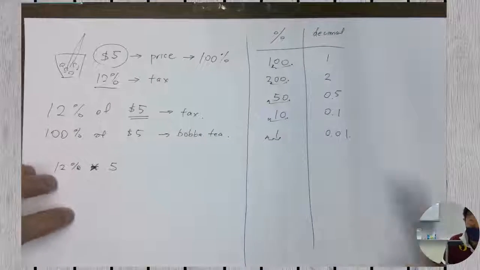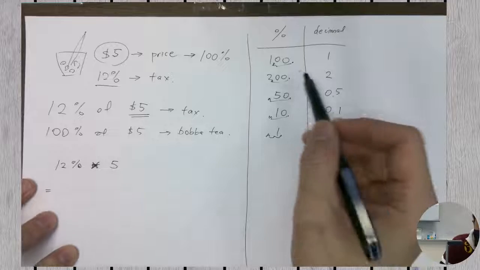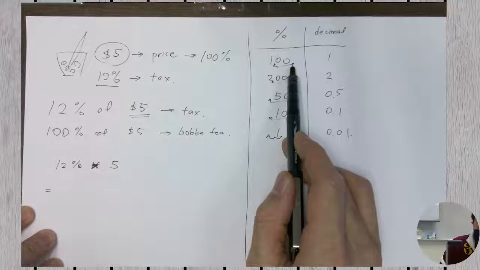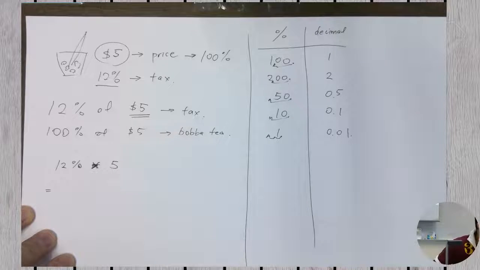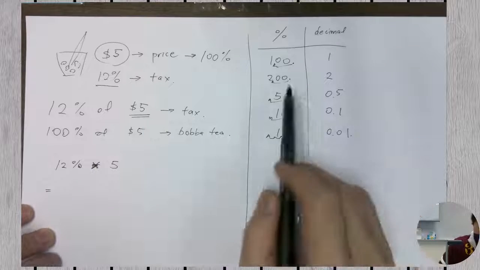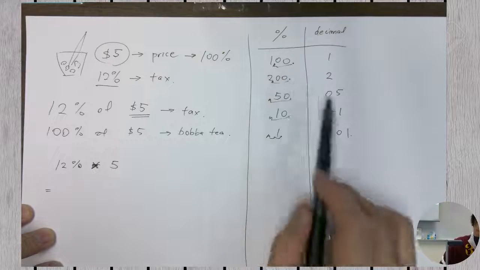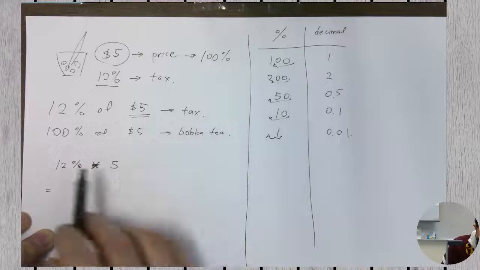Alternatively, you know that if I move the decimal place to the left twice, all I'm doing is really dividing by 100, am I? You guys know that? Moving the decimal is dividing or multiplying by 10 or 100 or multiples of 10. If I move the decimal to the left twice, I'm actually dividing by 100.